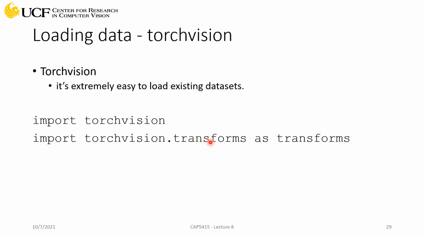Transforms are required to, maybe, resize your images. Let's say your actual images are 200 cross 200, but you want your images to be 128 for your network. Transforms provide you that flexibility so that you can resize your images and also perform a lot of other data pre-processing tasks.